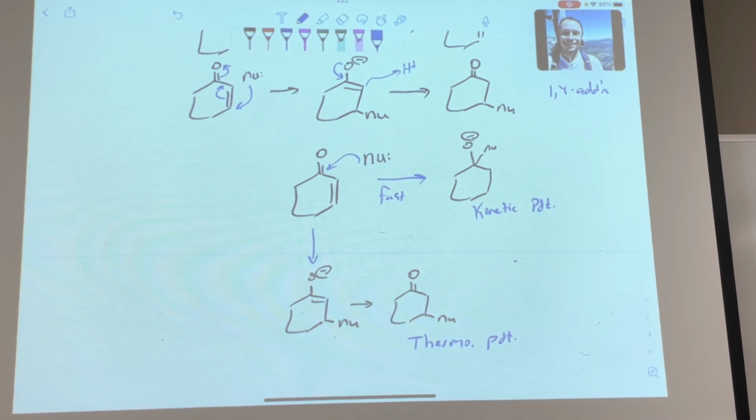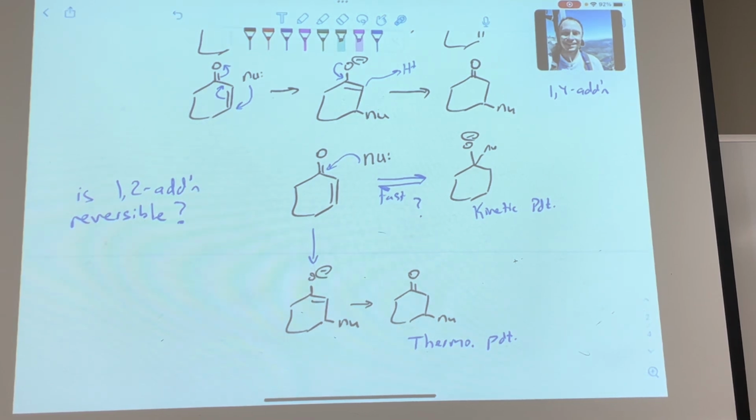So the bottom line is, how do you know what nucleophile is going to give you what product? Well, it largely depends on whether this first process is reversible. Because as we said, all nucleophiles are going to attack 1,2 fastest.